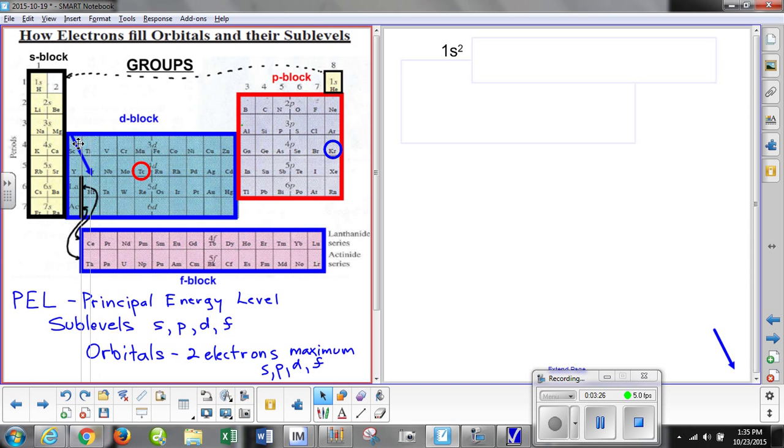The reason for this is it mimics the order of filling of where those electrons go as we add more electrons to an atom. So the D's are 1 down from the S's and P's, and make a note of that. The S's and P's are always the same. Notice here 3 and 3, 2 and 2, 5 and 5, 6 and 6, and 7, and if we had any over here, they would also be in row 7, 7S and 7P. There's actually a couple of atoms over here.